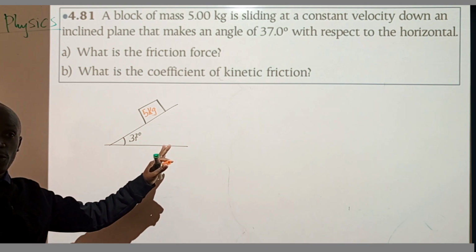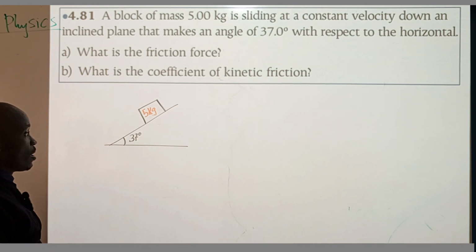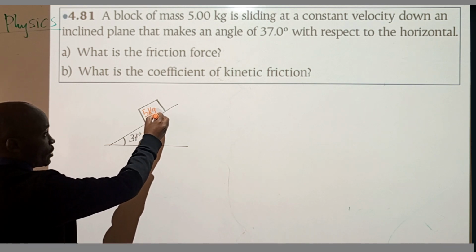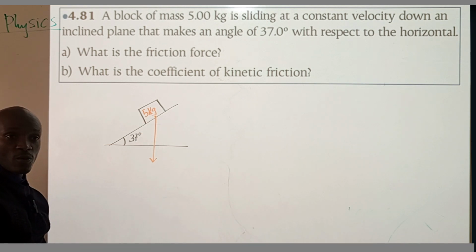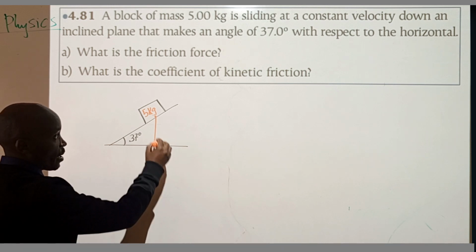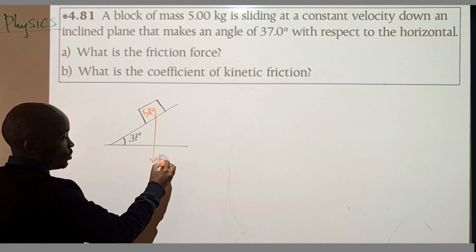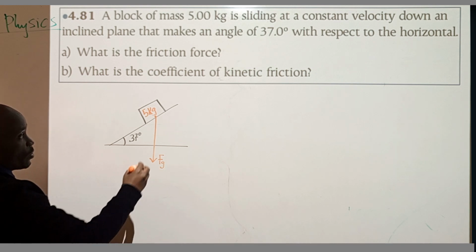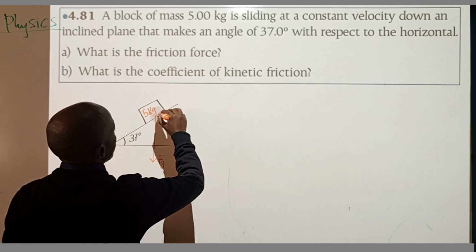So with the free body diagram, the next thing we proceed to do is to draw all the forces acting. We have the weight acting directly downwards, which is mg, so it is Fg for the weight. Then we have the friction force in this direction.